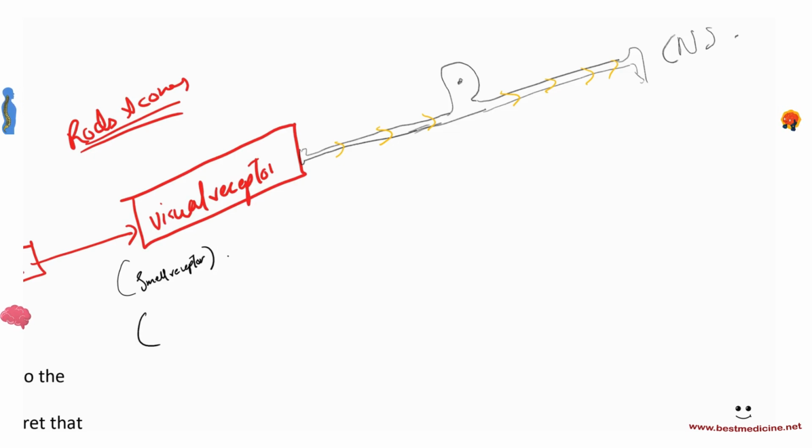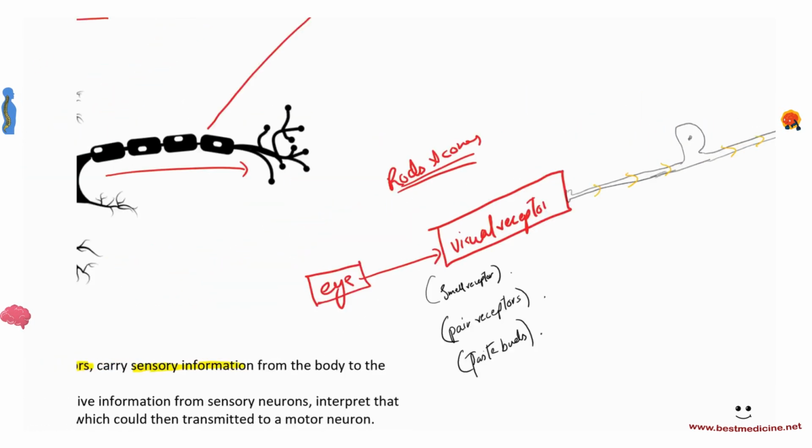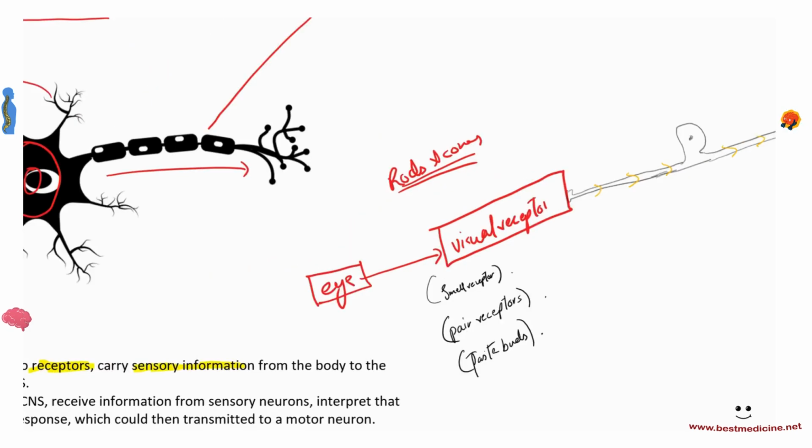You could also have something like pain receptors. And what receptors are present in our tongue? Taste receptors, right? Taste buds, we call them, are also connected to sensory neurons, which are going to carry this sensory information to the CNS, to the brain.